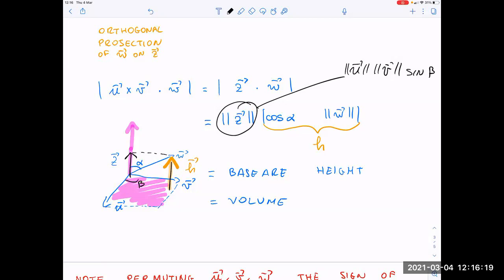So when you do V magnitude times sine beta, you get the height of this triangle here. You see this triangle. V sine, you get the height, and so you get the area of the parallelogram since there is no half in this part, okay?